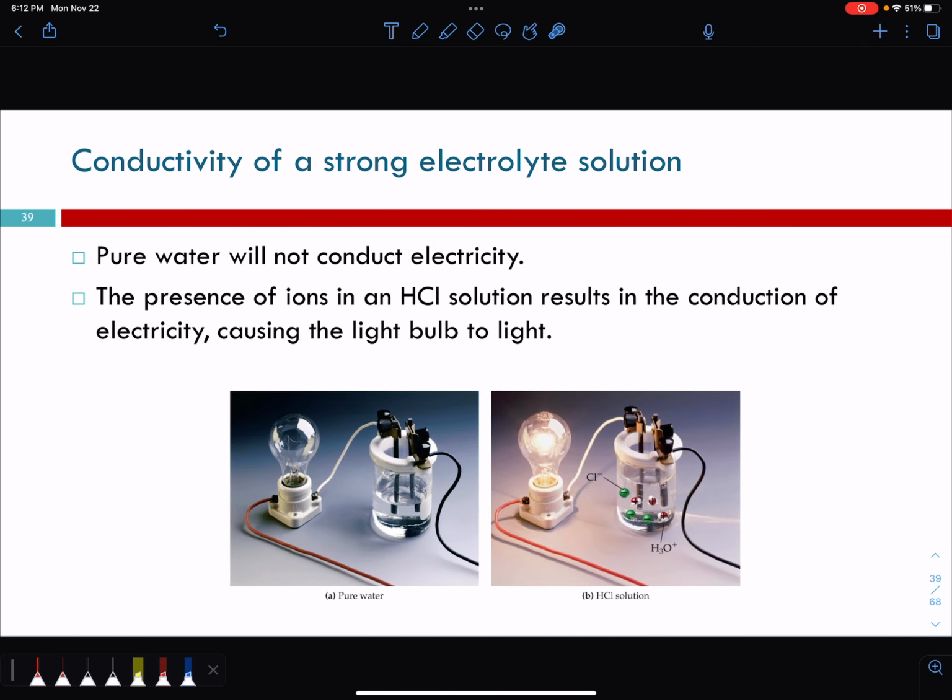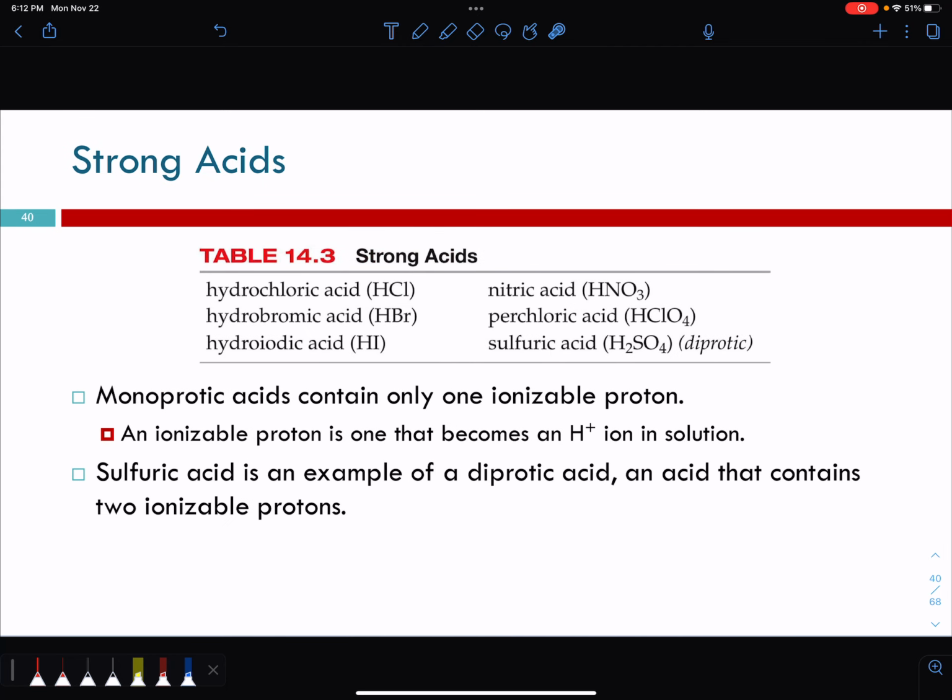Hydrofluoric acid, next slide then. This was that experiment where pure water will not conduct electricity, but HCl, a hydrochloric acid solution, will conduct electricity. These strong acids are mostly monoprotic, and for some others it's actually only the first proton.